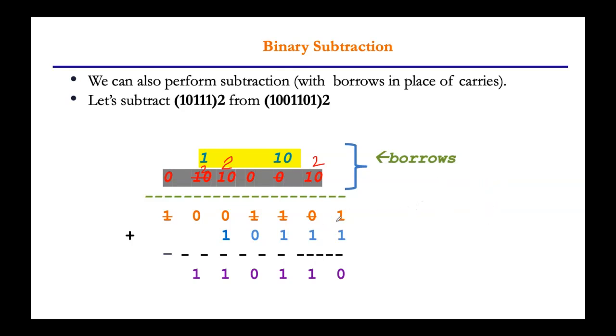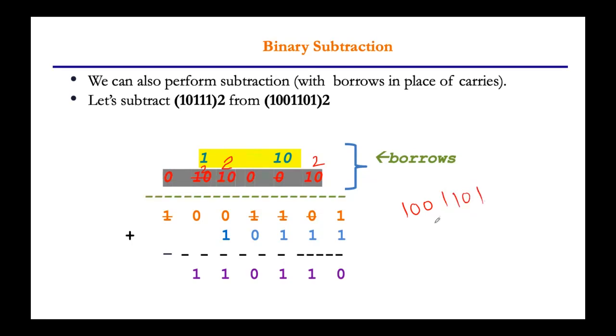So same procedure here. 1 minus 1 is 0, and here 0 minus 1 is not possible, so it will borrow 1 from this number. Let me just rewrite this: 1 0 0 1 1 0 1.